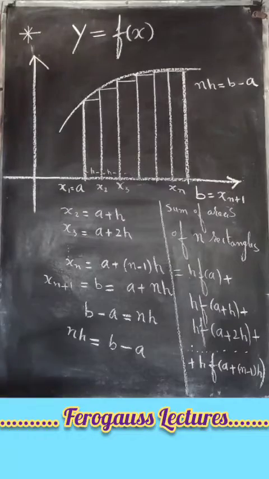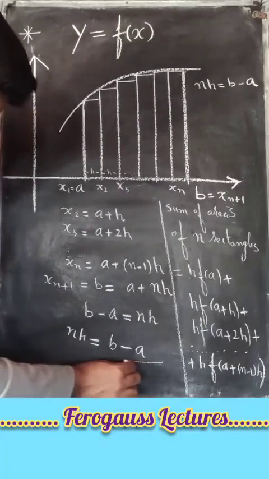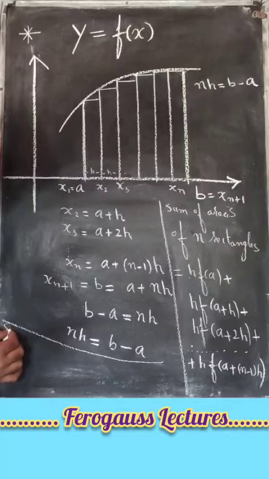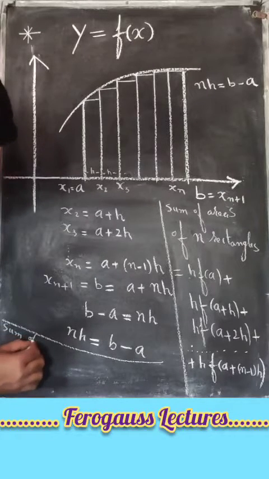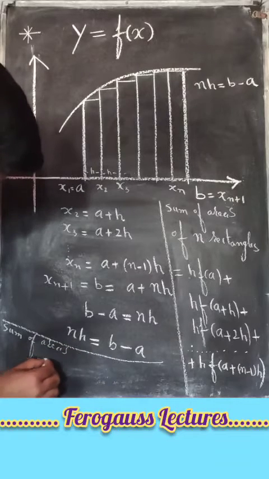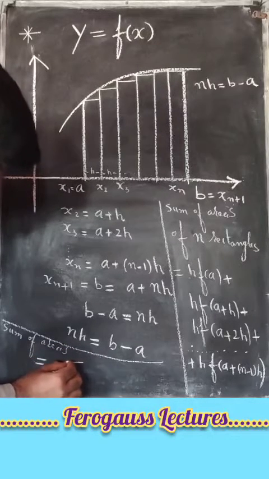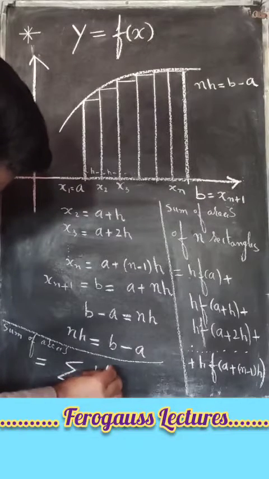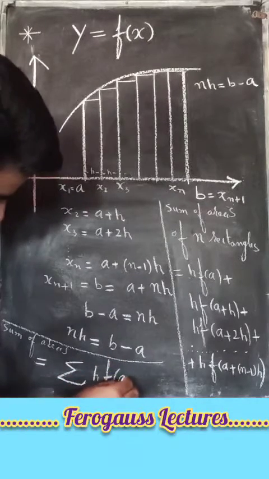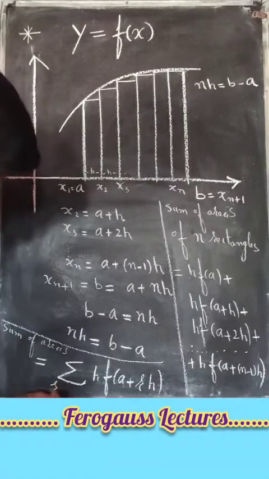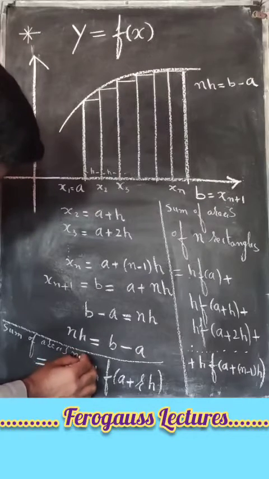This is further equal to summation h f(a plus rh), where r is running from 0 to n minus 1.